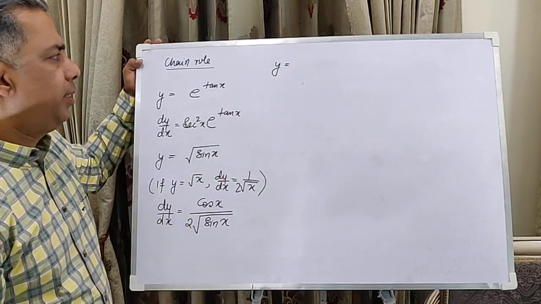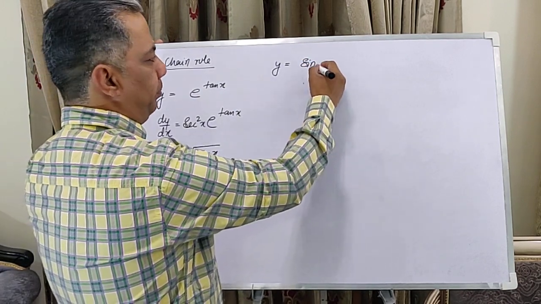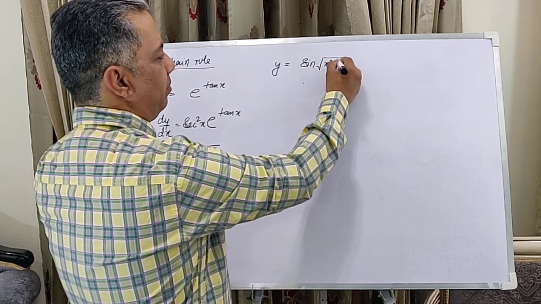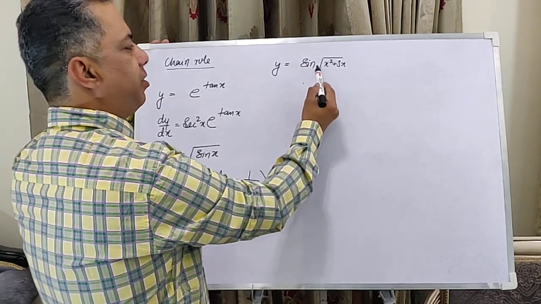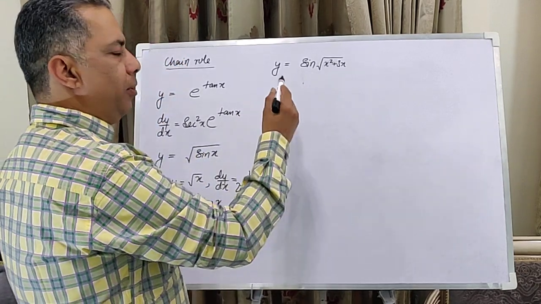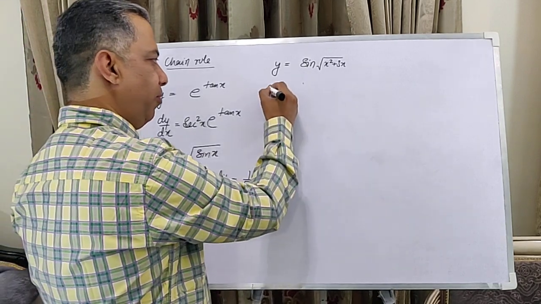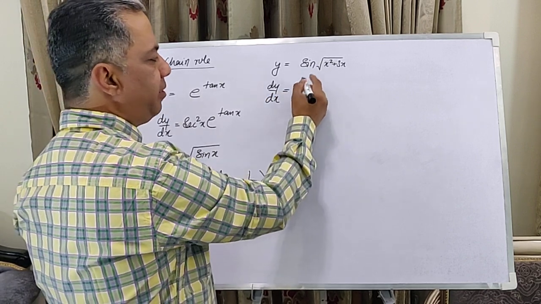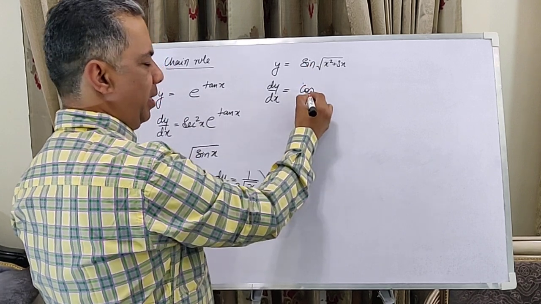Now you can sometimes end up having more complex functions. For example, you might have something like sine of root of x squared plus 3x. Now you have a function sine, then you have a function with root, and then you have this function here. So here what you will be doing is you will be going stepwise. What you do is take the derivative of this first function first, and the derivative of this function is, in place of sine you end up with cos.